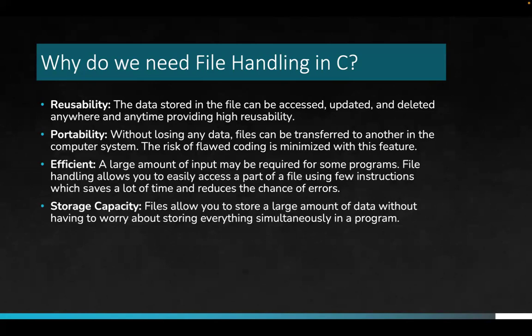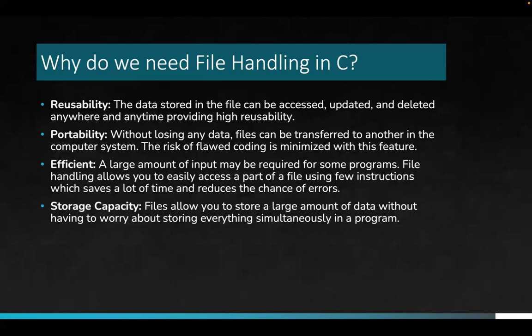But if you have many changes to incorporate in the file, then it is very difficult to change it, right? So for that purpose, this can be handled through C programming, where you can access the file and read the contents, and wherever you need to modify, those can be modified with high reusability. The same thing can be performed across all the files in any directories. That is the first one.